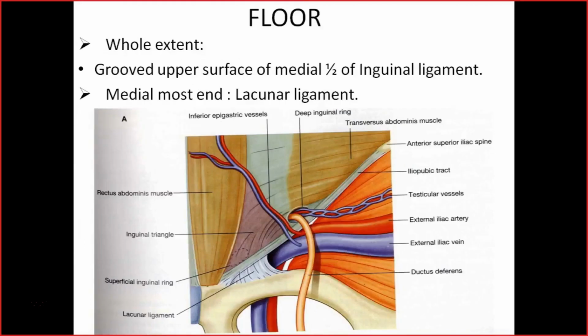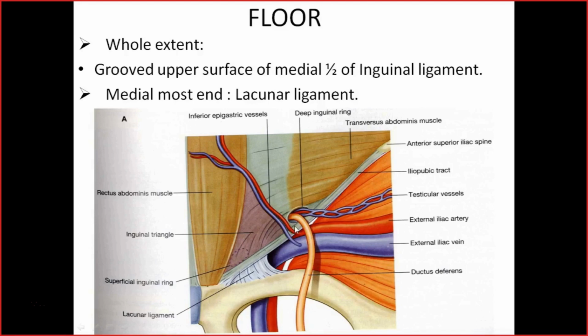Now we will go on to another boundary. So anterior wall, posterior wall we got over. Now we are going to see about the floor. Okay. So talking about the floor, it is very simple to remember. The floor of the inguinal canal is formed by the inguinal ligament, because just above this inguinal ligament only we have this inguinal canal, right?